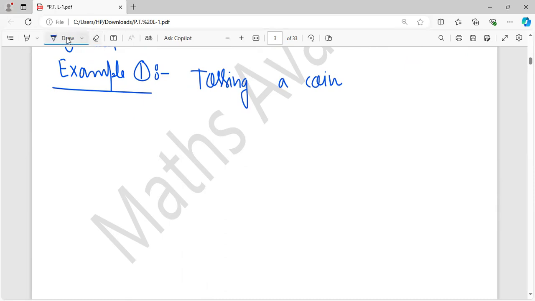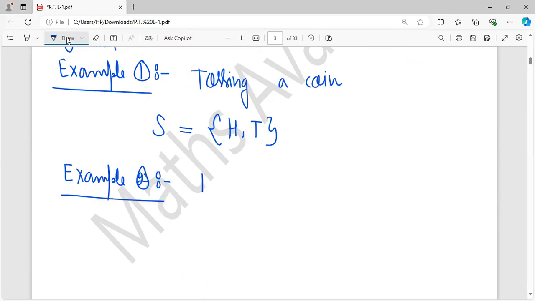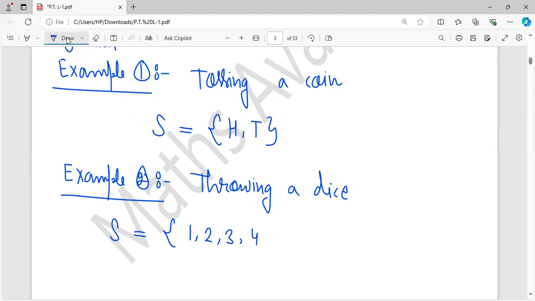Sample space S is equal to H and T, where H is head and T is tail. Example 2, throwing a dice. The sample space is 1, 2, 3, 4, 5, 6.